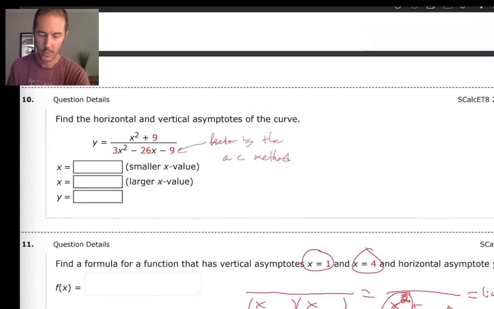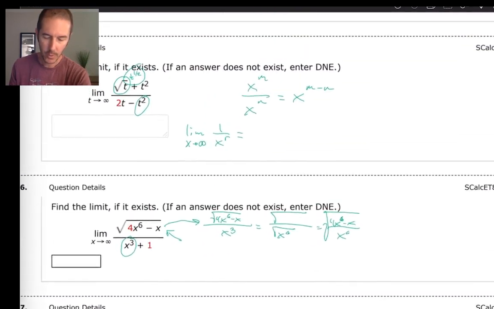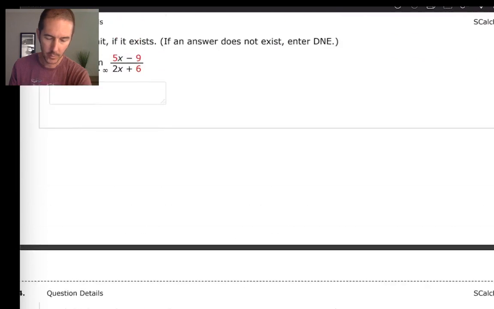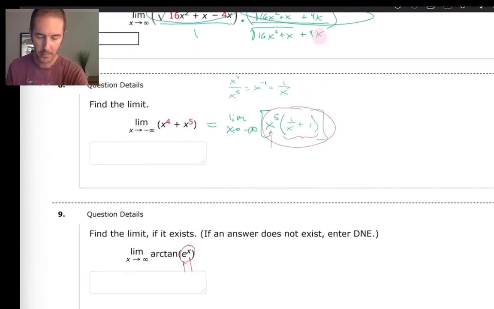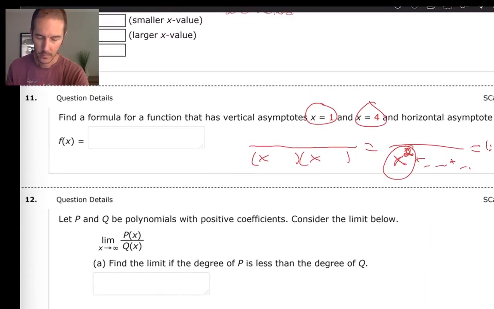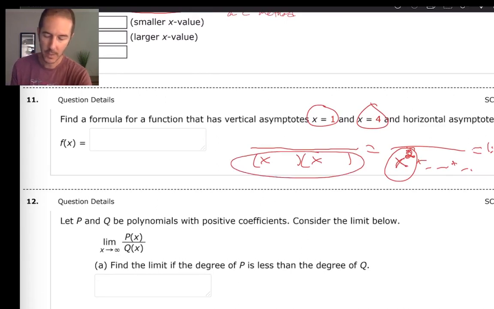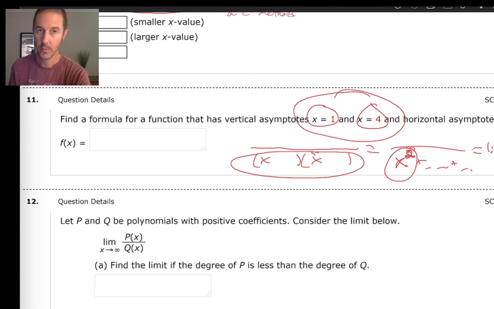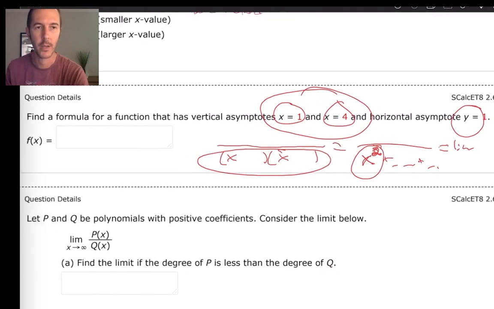So what I'd like you to do is use your process for figuring out the horizontal asymptote for this problem, and for problem number 3, and use those as models in order to try to figure out your own function for problem number 11, so that you have these factors in the denominator that cause your vertical asymptotes, but use those other previous problems in order to help you achieve a horizontal asymptote of y equals 1, or whatever your number turns out to be in this problem.